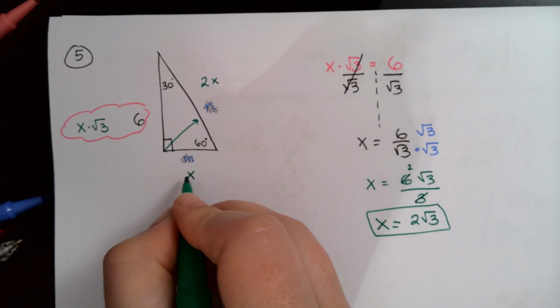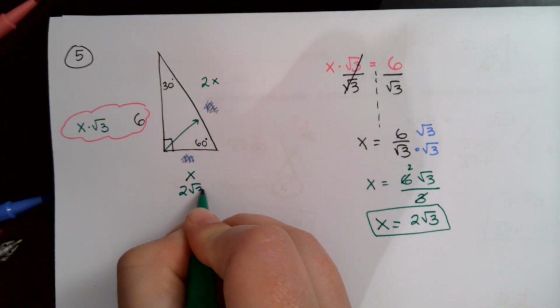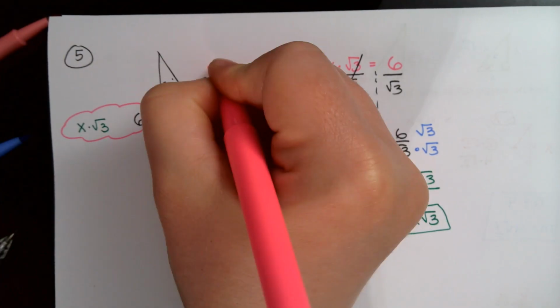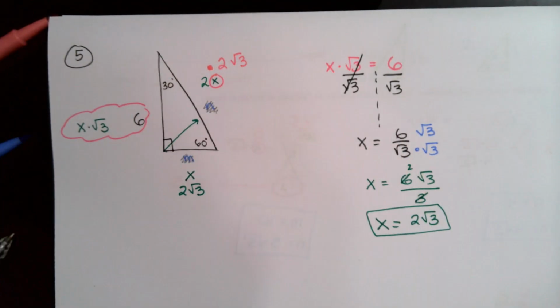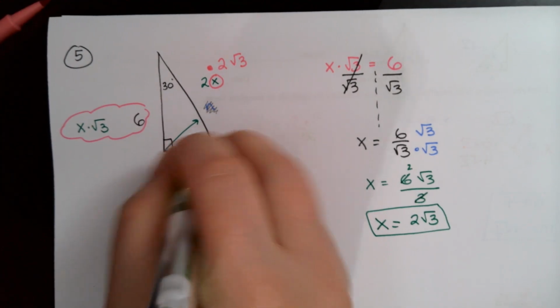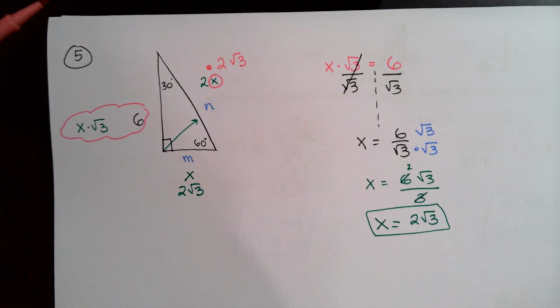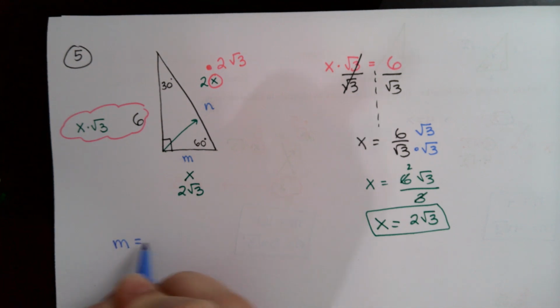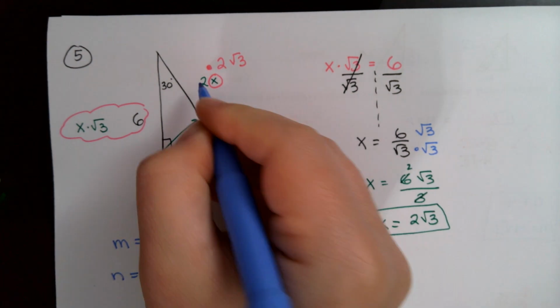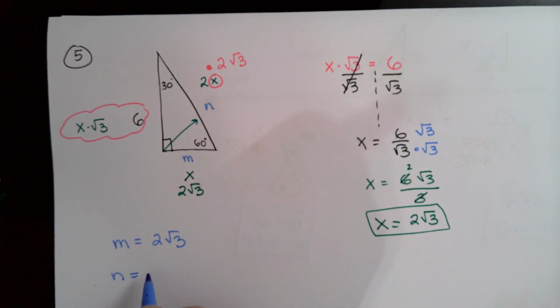So then I would bring in my x value here at 2 root 3. Here I need to replace the x value by multiplying by 2 root 3. So what would be my m and n values? M would be our 2 root 3. N would be 2 times 2. Both are not in the radical, so 4 root 3.